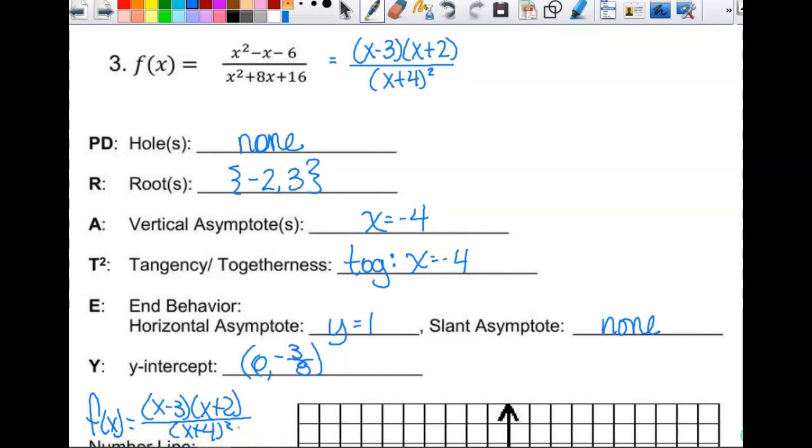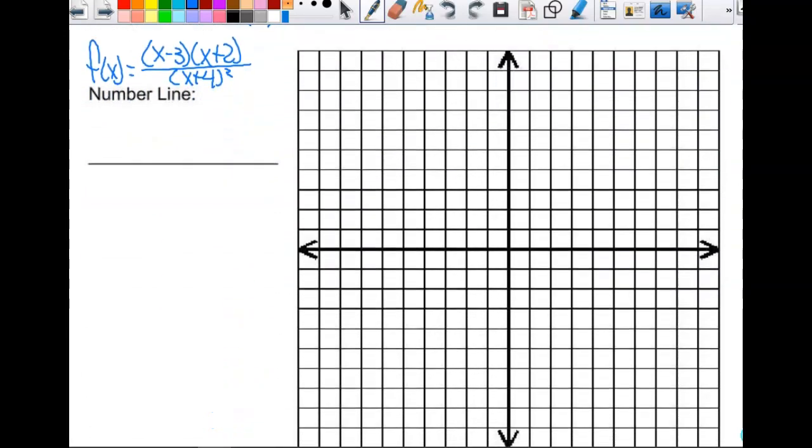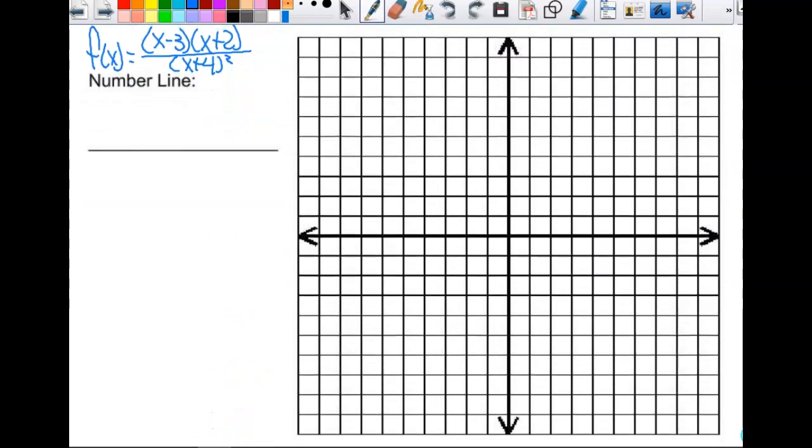Okay, so then we're going to make our number line, our sign chart. So on here I'm going to have a -4, -2, and 3. So the -4 is my asymptote, that's open. These are both closed. Okay. So if I substitute in a -5, that would give me negative.